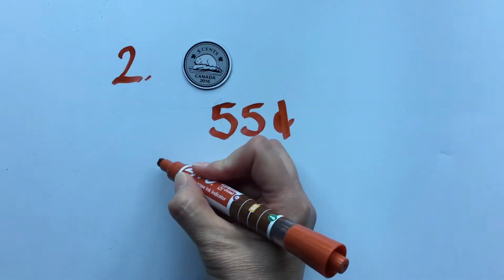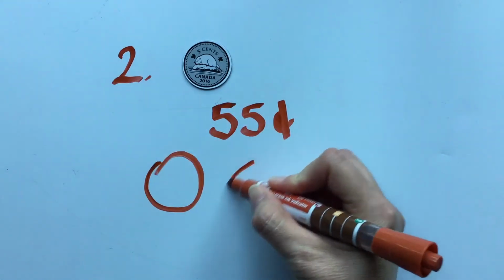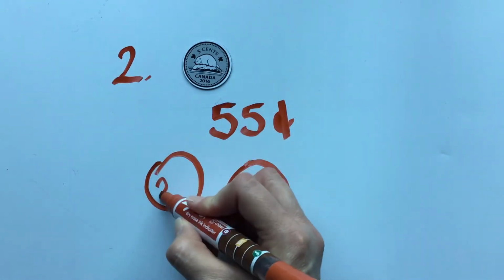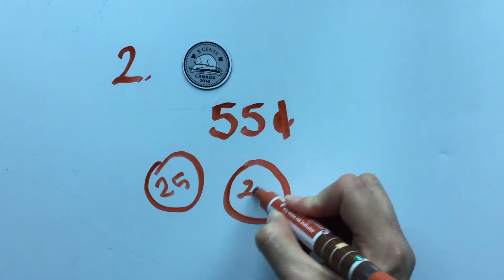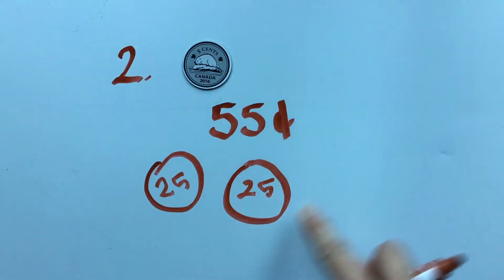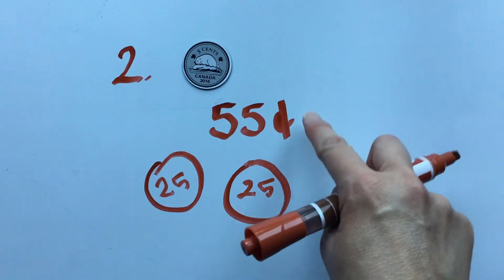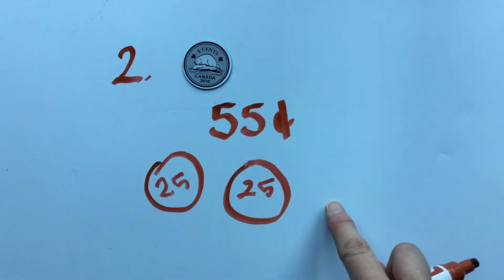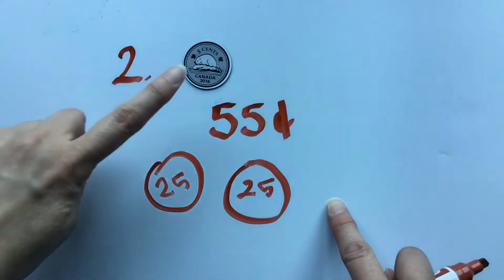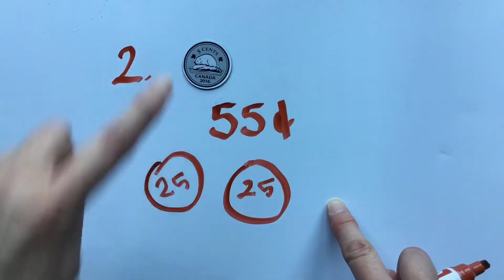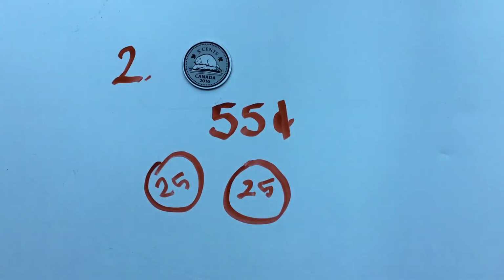What if I only had 2 quarters? Okay, I have 2 quarters. I want to have 55 cents. What do I need to add in terms of nickels to make 55 cents? There's 2 steps to this question.